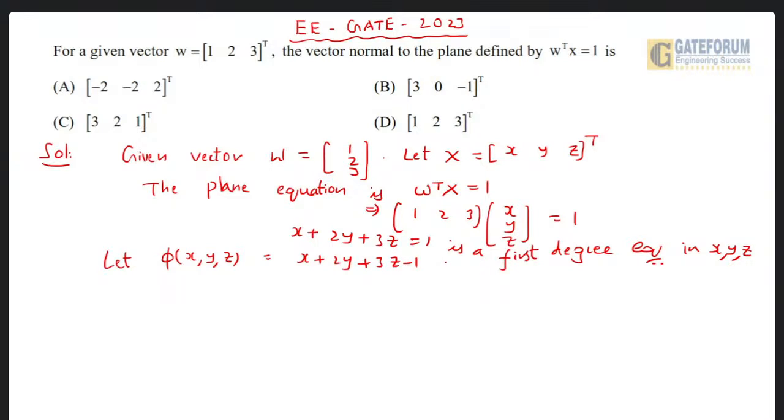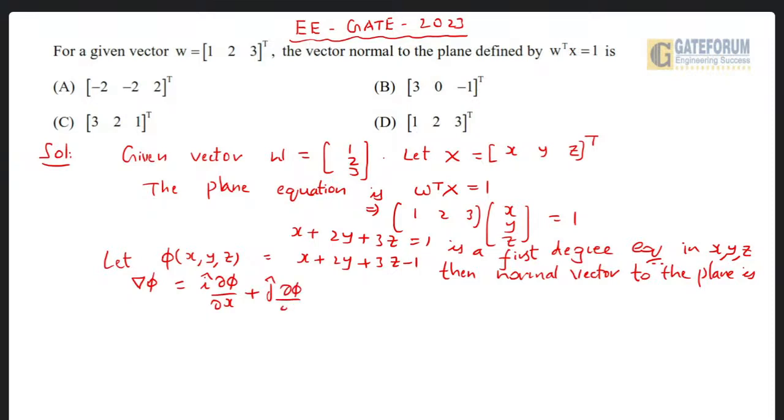Then for the normal vector, bring all the terms to one side. That is your scalar function phi of x, y, z. The normal vector to the plane is gradient phi, that is del phi. Because it is three variables, it is i cap dou phi by dou x plus j cap dou phi by dou y plus k cap dou phi by dou z.